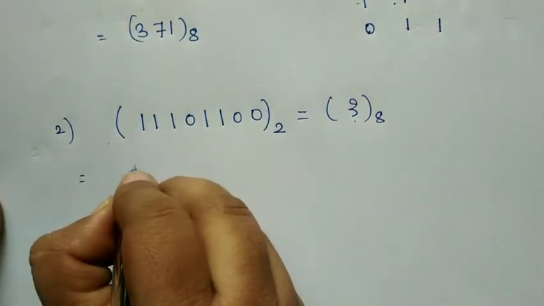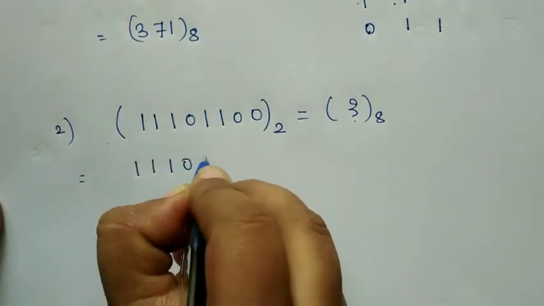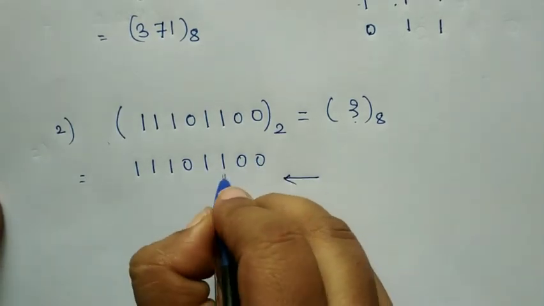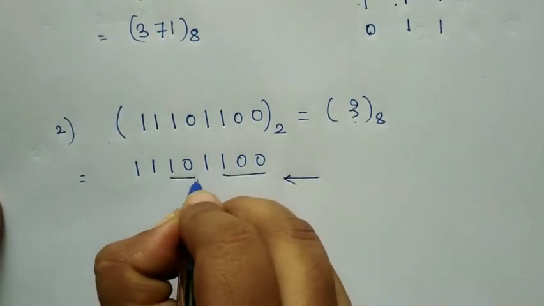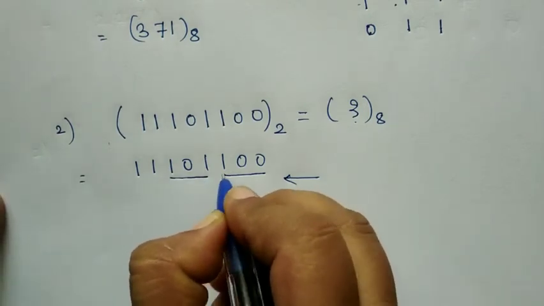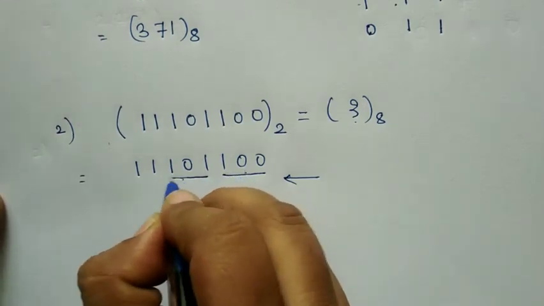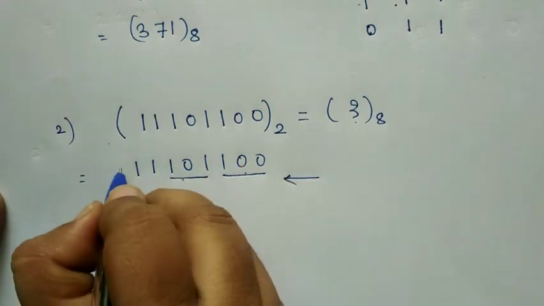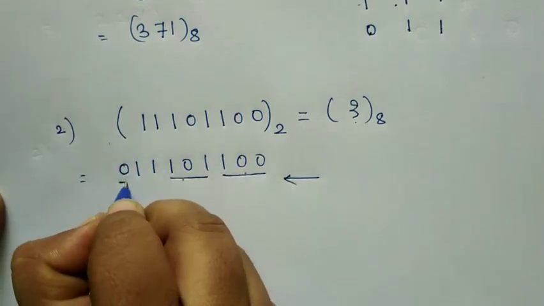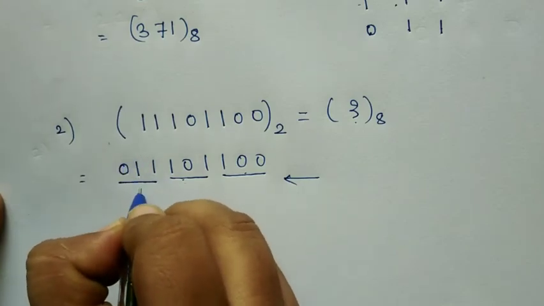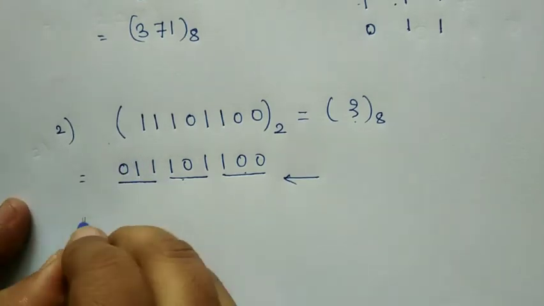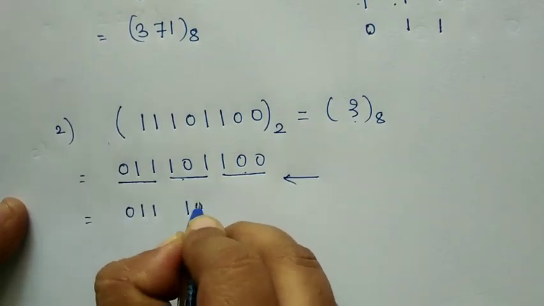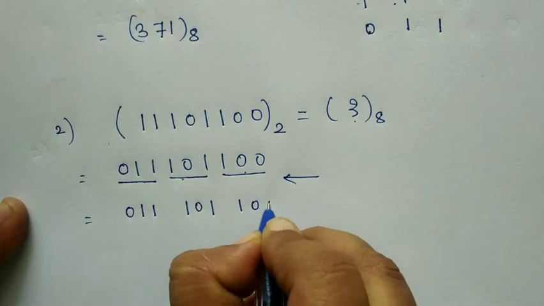Again, write down the given number as it is, and from the rightmost side, divide this number into groups of 3 bits. We have divided the first group and second group, but now only 2 digits are remaining. To make a group of 3 digits, we'll add one 0, because adding this 0 does not change the original value. Now write it separately: 011 101 100.